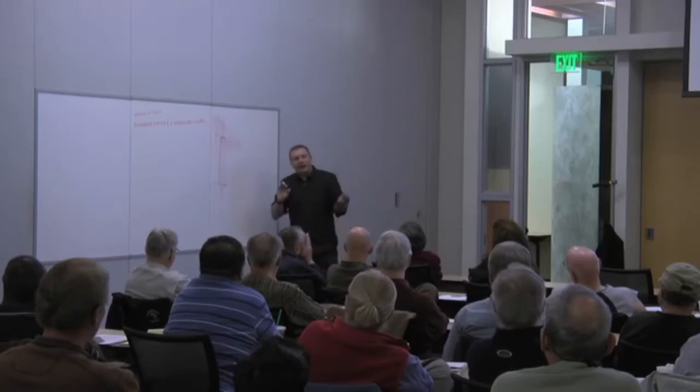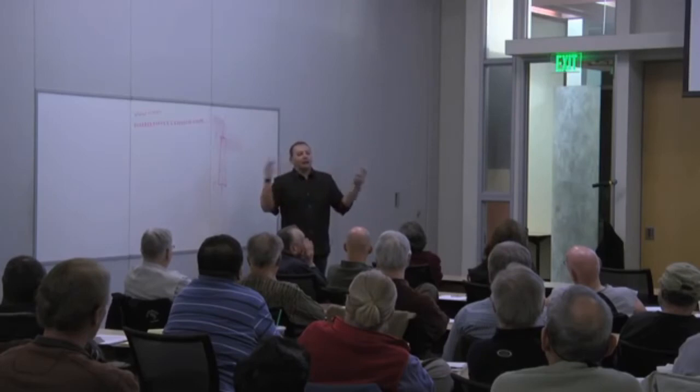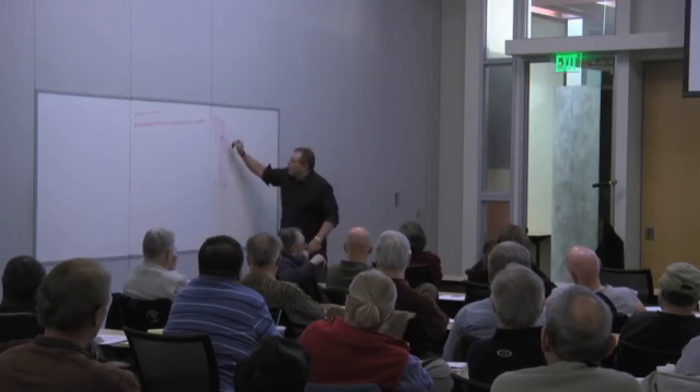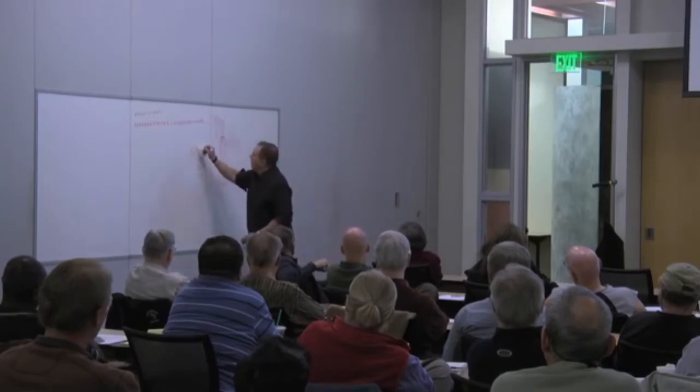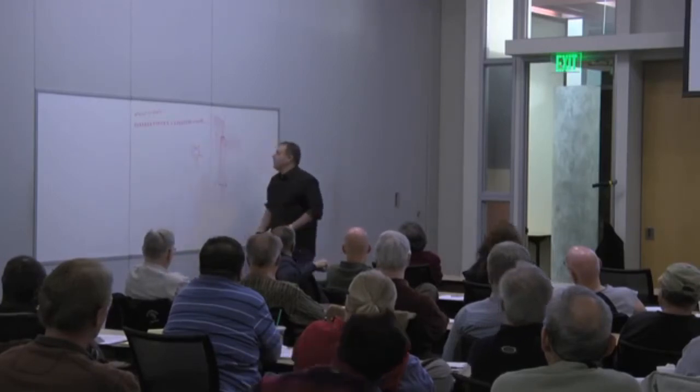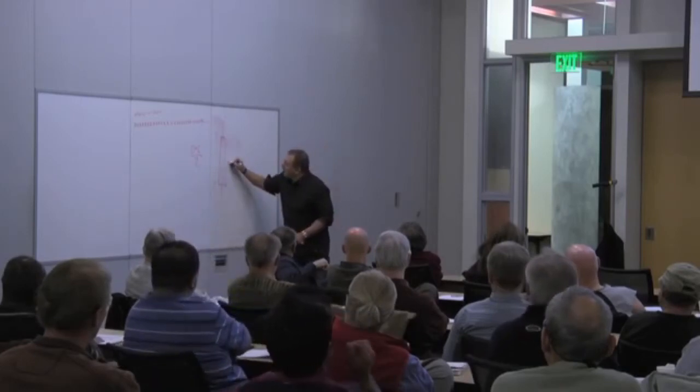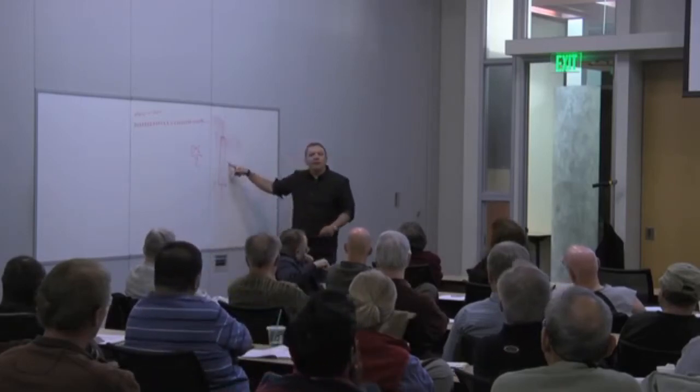Heikin Ashis are calculated differently. They are much smoother. They take averages. So the open of a Heikin Ashi is open plus close divided by 2, so the Heikin Ashi bar will always open in the middle of the previous bar.